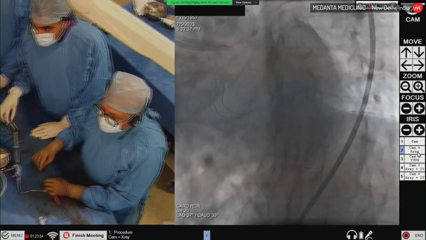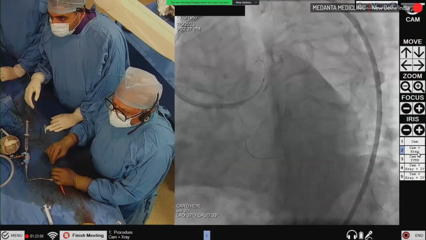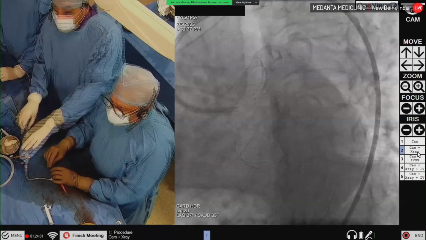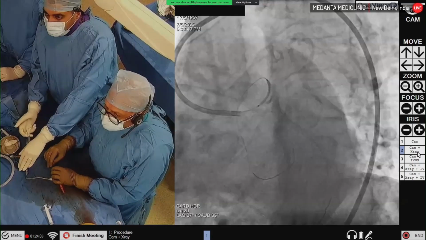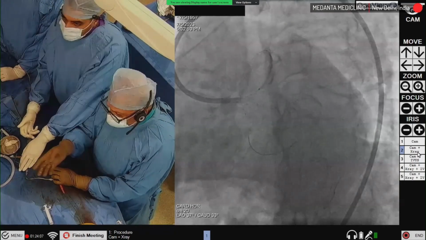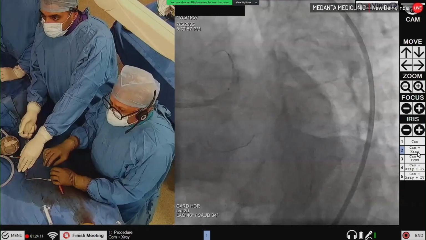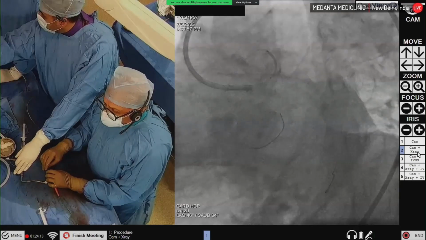Center, please. Okay, check. I can't see anything. Go more elio caudal, please, and push the screen back a little bit.